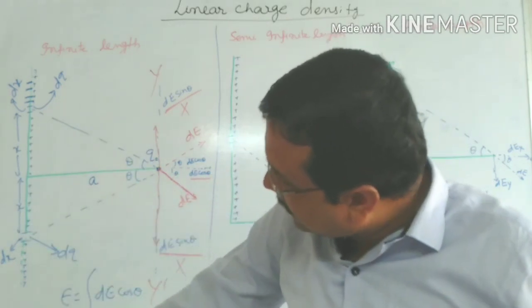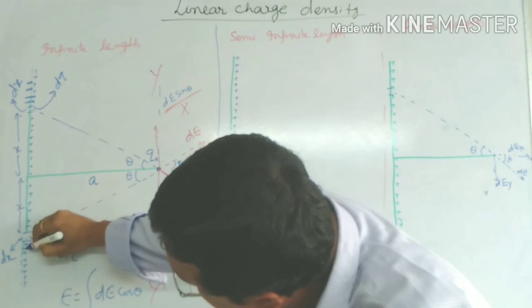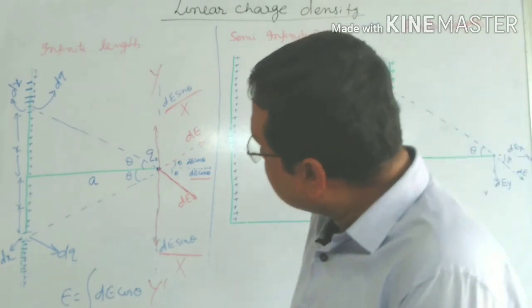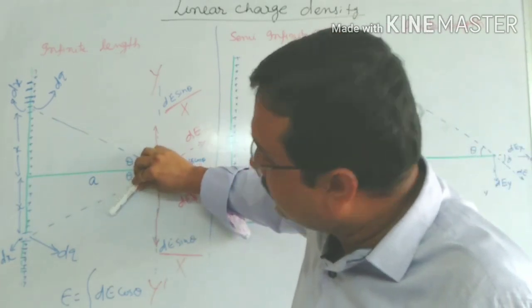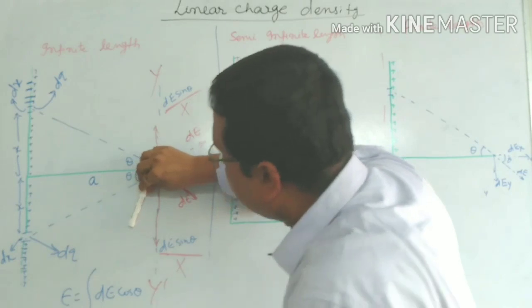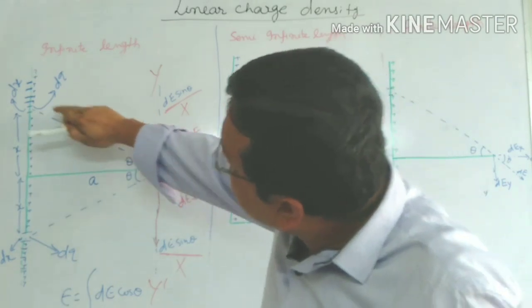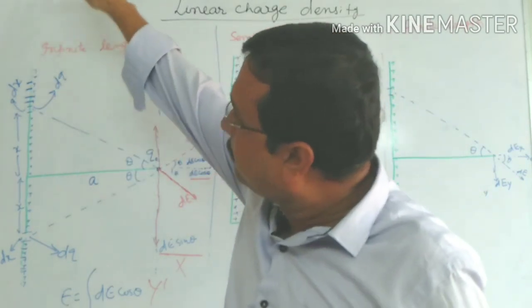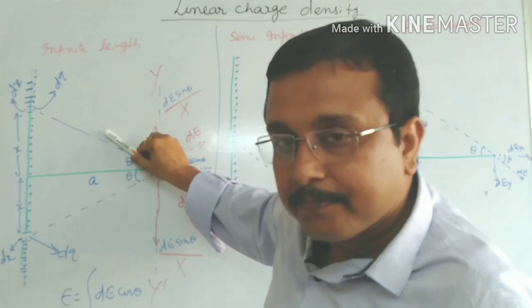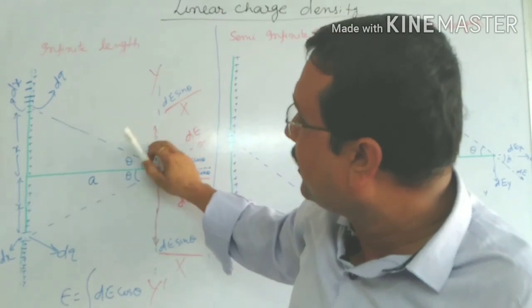Since it is an infinite length wire, as we go down, this dx, after that this dx, after that this dx, this angle will keep increasing, and when it keeps increasing up to the infinite point, this theta will become 90 degrees. Similarly, when we go above this dx to the infinite side, this angle will increase, and at a very far distance it will become pi by 2.